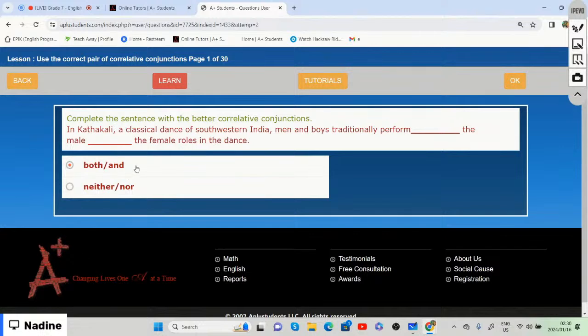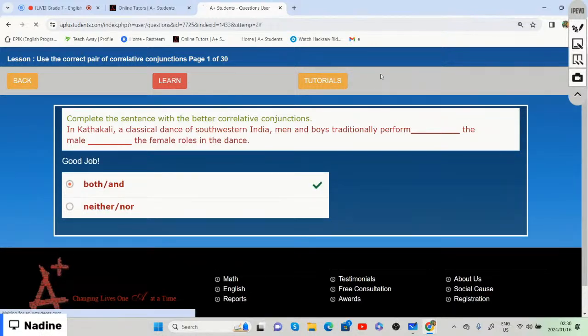So we go with both or and, and both or and is correct.